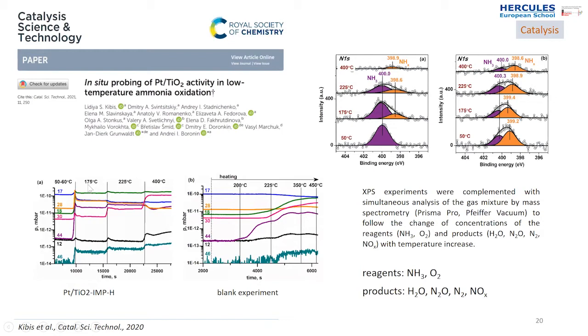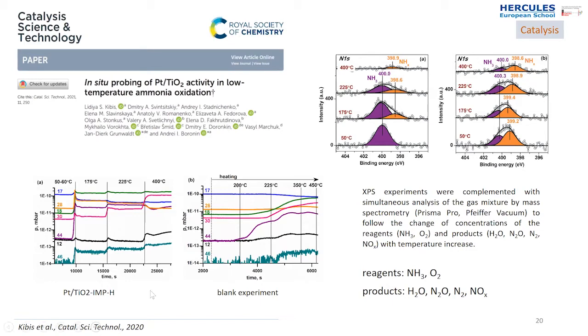As I mentioned, we have a quadrupole mass spectrometer in the first stage, right behind the nozzle. So all the products that are created on the surface of the sample go through the aperture and are analyzed in the first stage by the quadrupole mass spectrometer.